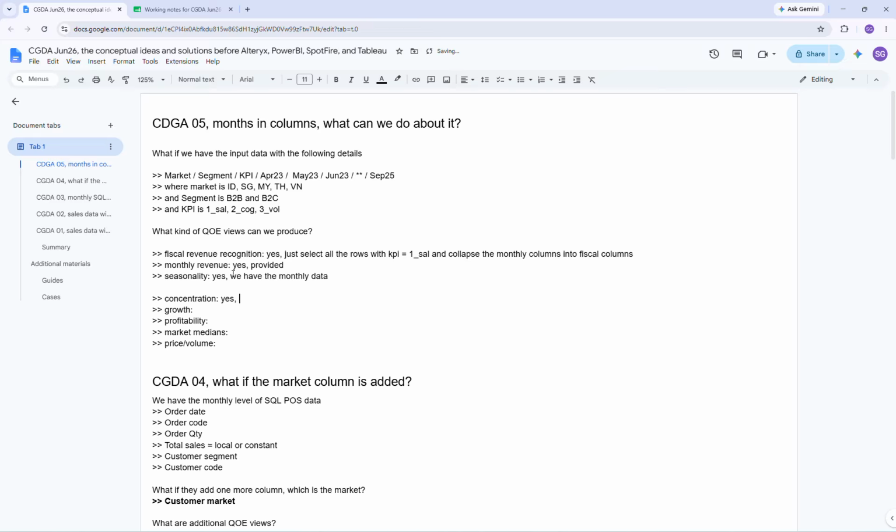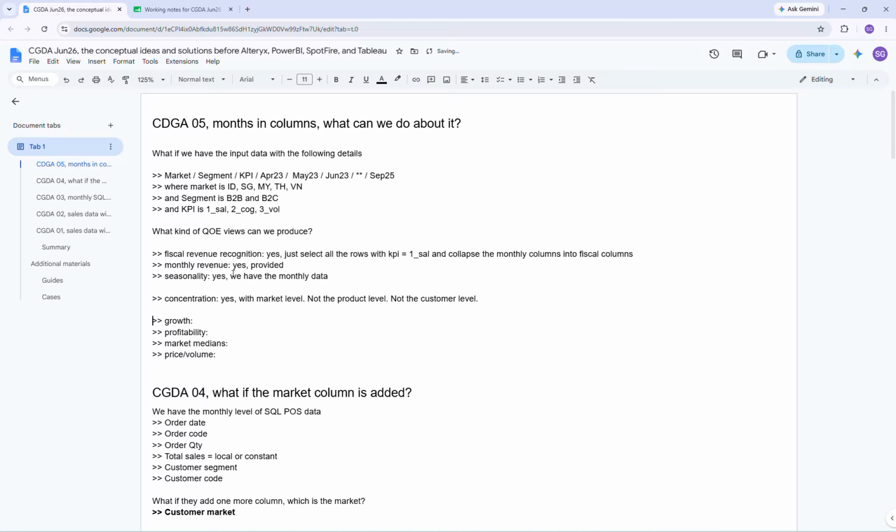yes, with market level, not the customer level, not the product level. Okay, so just to make sure, not the product level and not the customer level, not the store level also. Okay, so just to make sure we understand each other.